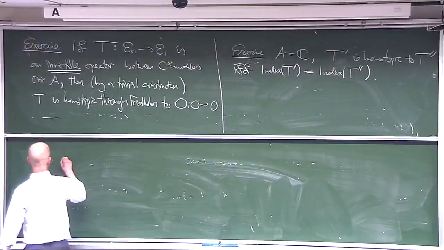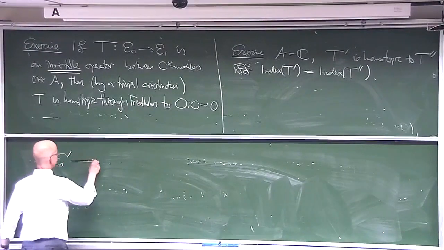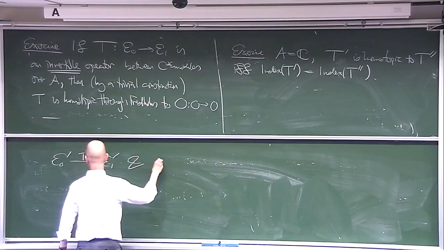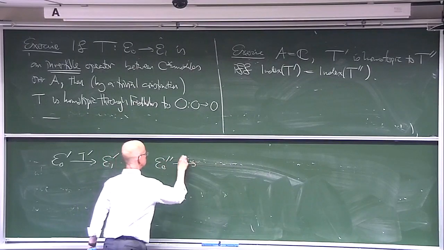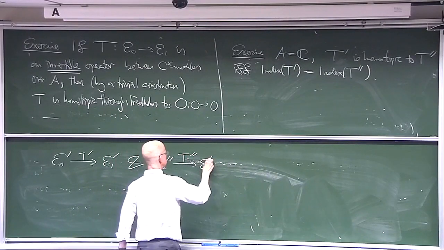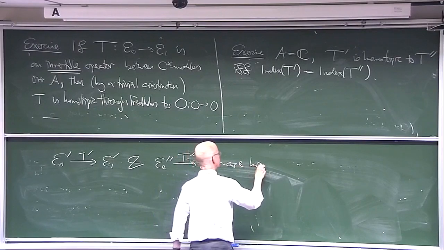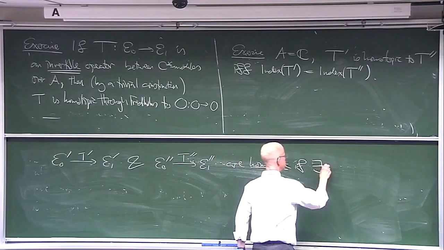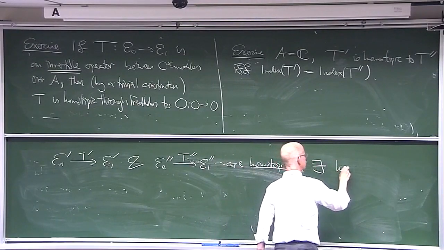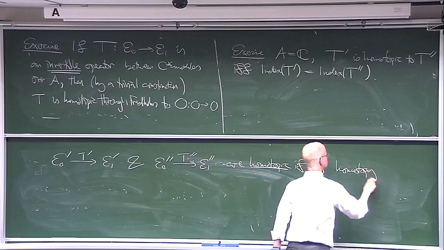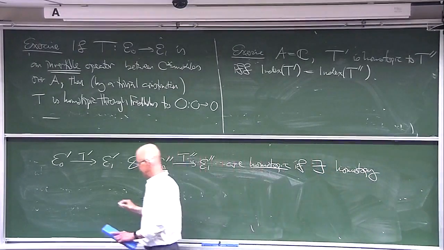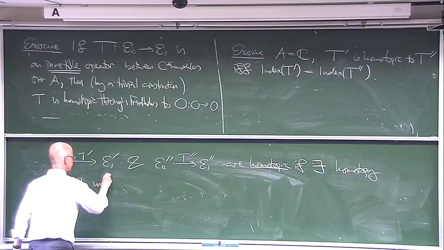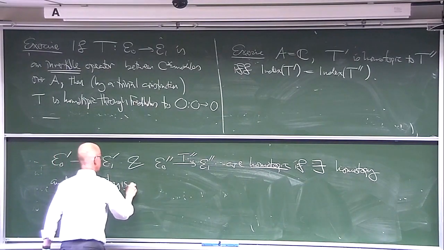So suppose I have something like this. The condition is that there should exist a homotopy like this, and there exist isometric isomorphisms, unitary isomorphisms.